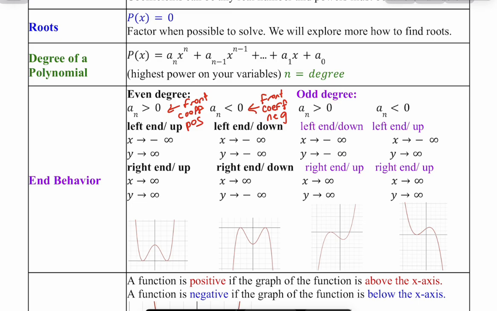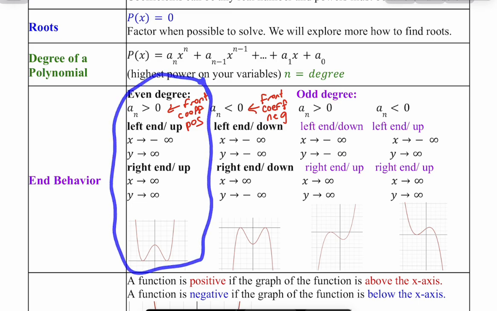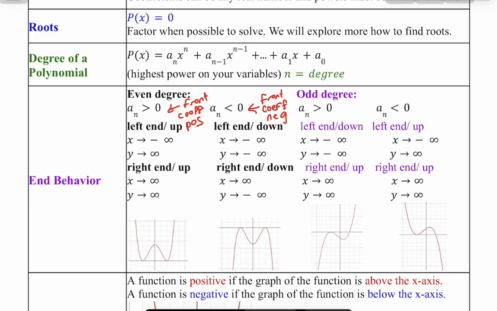If I need you to describe how it's going to the left, you always say x is going to negative infinity. If I say how we go to the right, you always say x is going to positive infinity. So that doesn't change. The thing that changes, you might notice, are the y's. Where are the y's going? If our front coefficient on an even degree polynomial is positive, both ends point upward, just like our parabola.